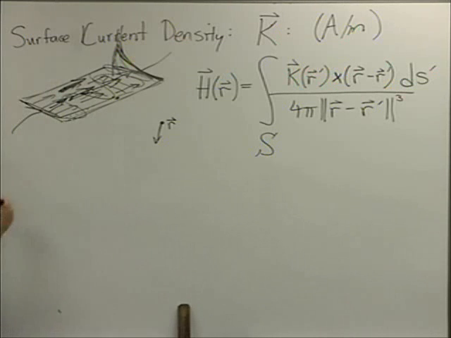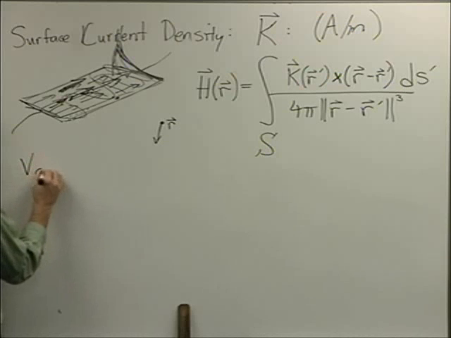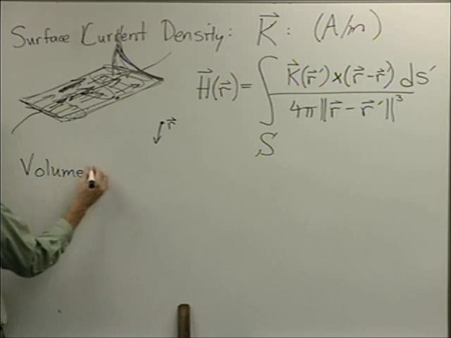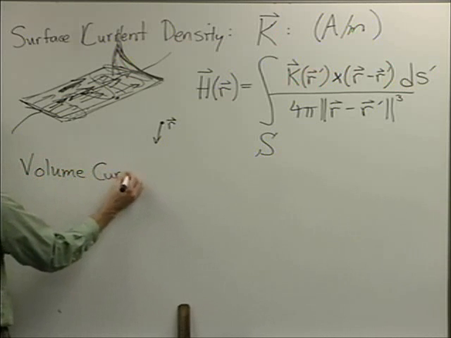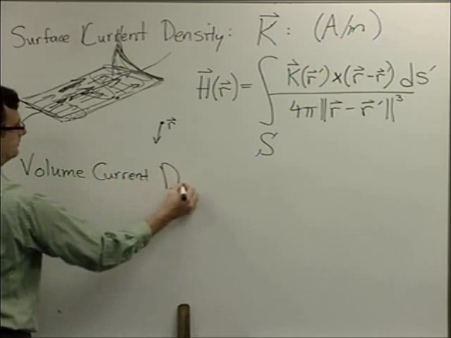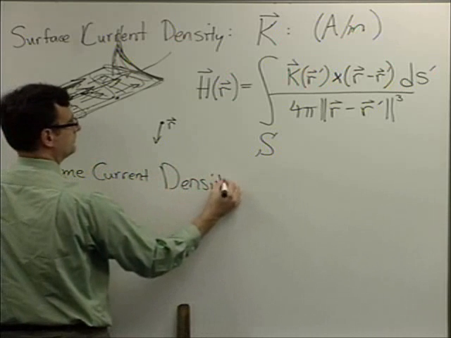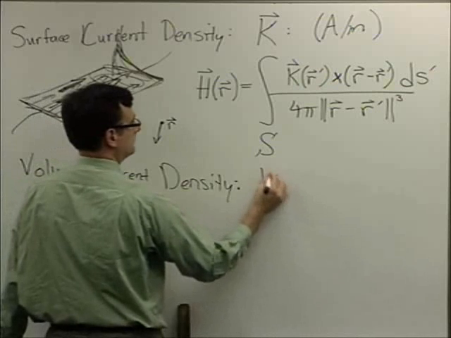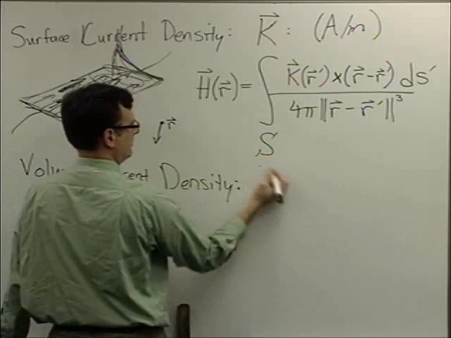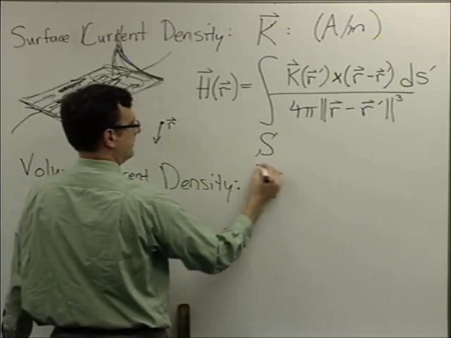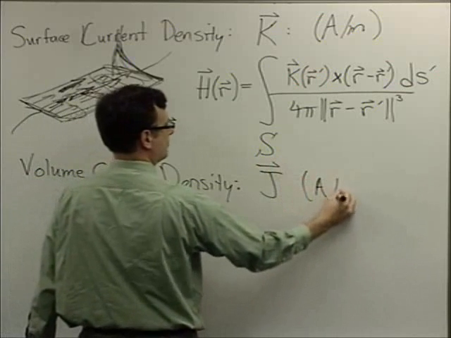Now, of course, that's a surface current density. We also know that there's a volume current density, our old friend J, which has units of amps per meter squared.